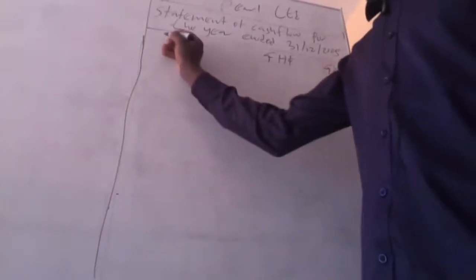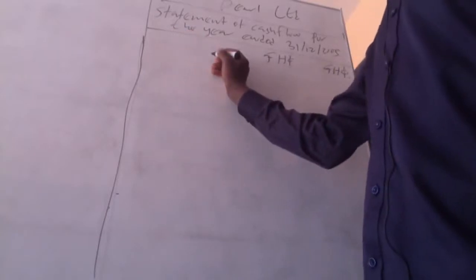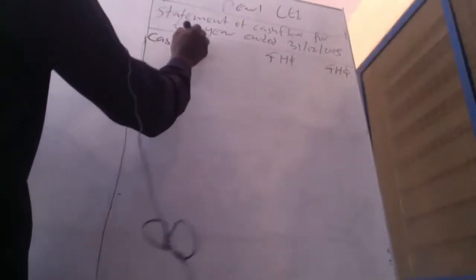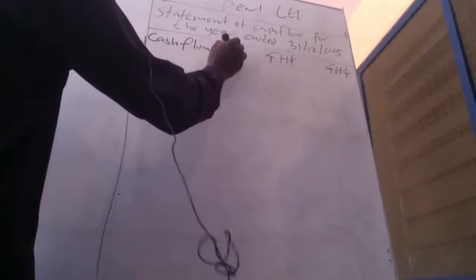Okay. So you start cash flow from where? Operating activities. So you write cash flow from operating activities. OA, please, no shortcut in exams.